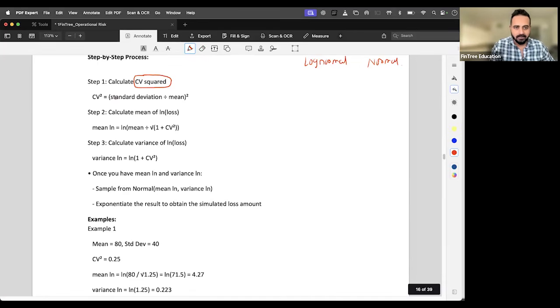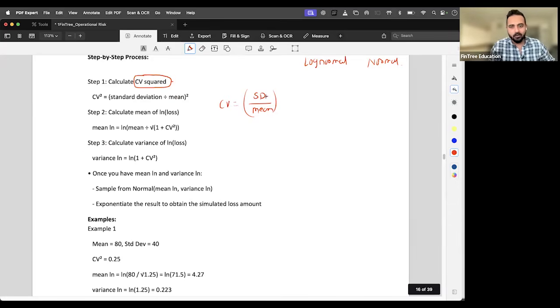Okay, this is a mistake. It should be mean divided by, let me think about it. No, this is correct, my mistake, my apologies. In fact, this is how I remembered it, that it's kind of opposite of Sharpe ratio in terms of numerator and denominator. So here the numerator is actually standard deviation and the denominator is mean. Okay, this is referred to as coefficient of variation, CV.